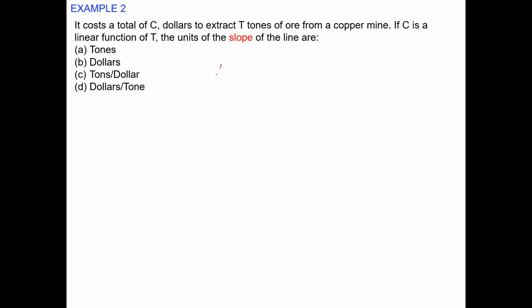That's what we know. We have total cost, which is a linear function of T, the number of tons. I can say slope mx plus b, but my x, my input, is tons. And this is the slope. We can always think in our standard notation dy/dx.